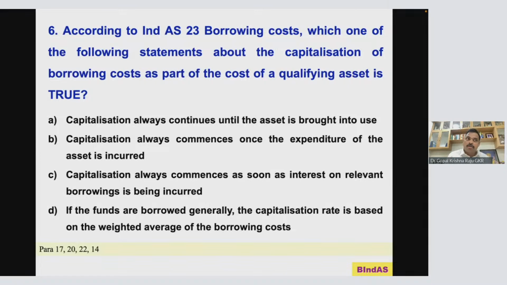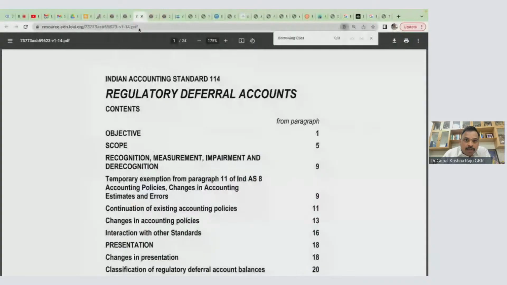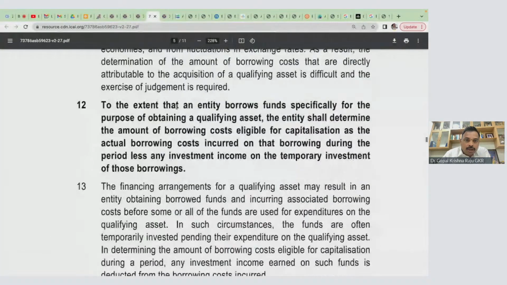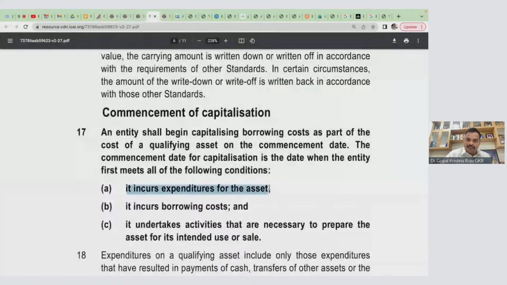So you have to commence. That word is called commence. Please look at the wordings. This is the wording you need to use. Look at the commencement. Only incurring expenditure will not be enough.